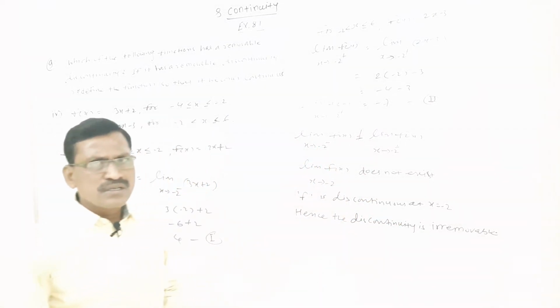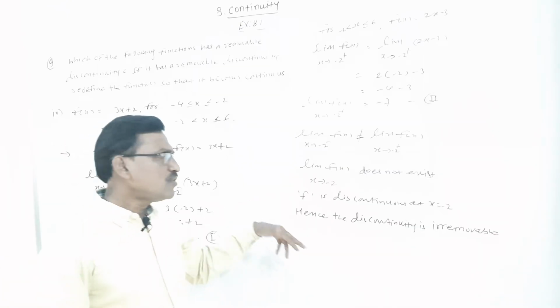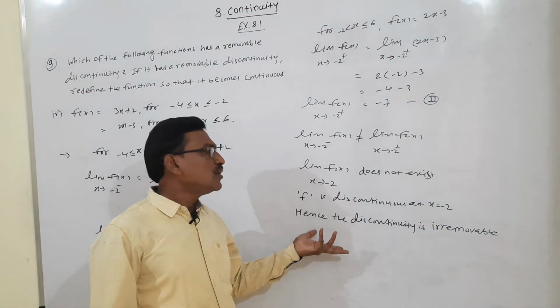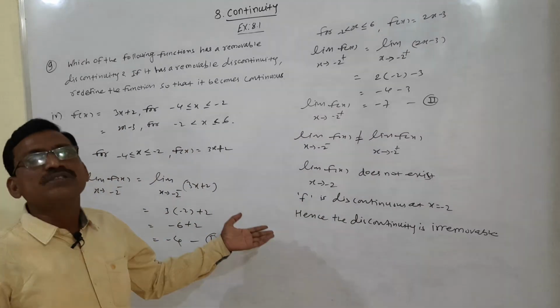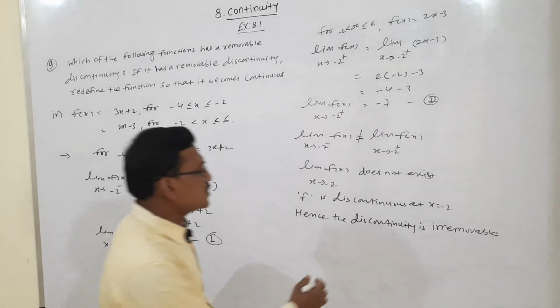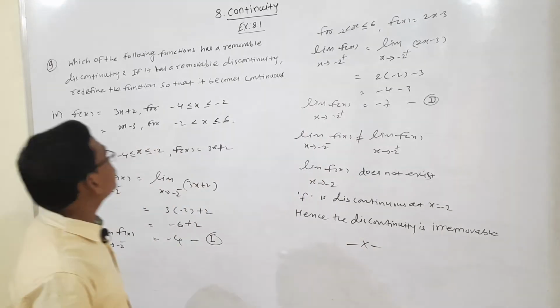If the limit exists and is not equal to the function value, then it is removable; we remove it to make the function continuous. Hence the discontinuity is irremovable.